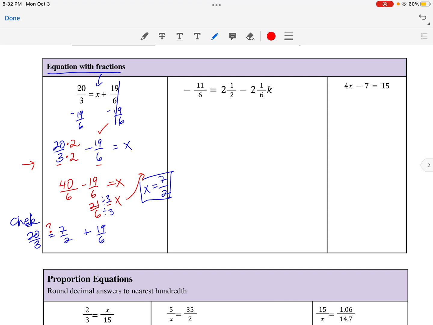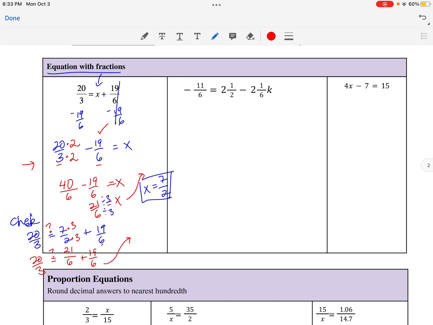So my common denominator again here is going to be 6. To get 7/2 to have the denominator of 6, I'm going to have to multiply the top and the bottom by 3. So the top will become 21, bottom will become 6. And then we're going to be able to add that to 19/6. And we're asking, is that equal to 20/3?